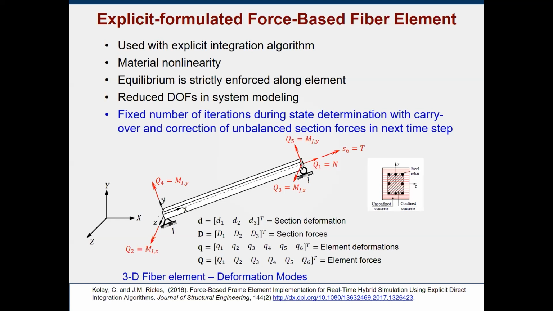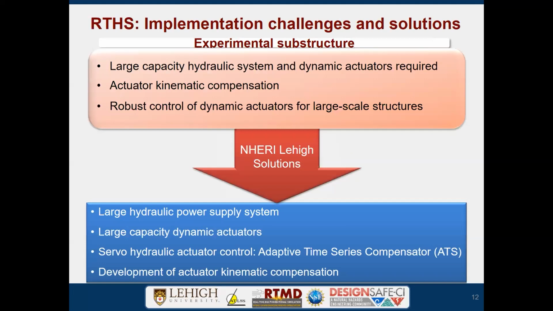So for the experimental substructures, the challenge is that you always need a large-capacity hydraulic system and actuators, because you try to do full scale, right? In Lehigh, we have different types of large hydraulic power supply systems and also dynamic actuators, so that won't be an issue.